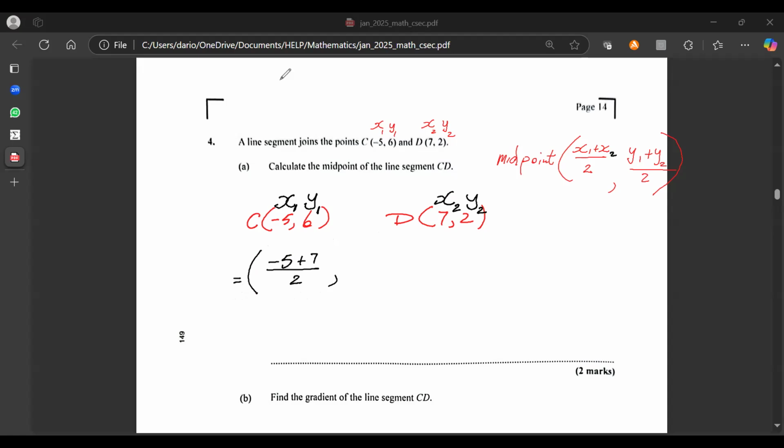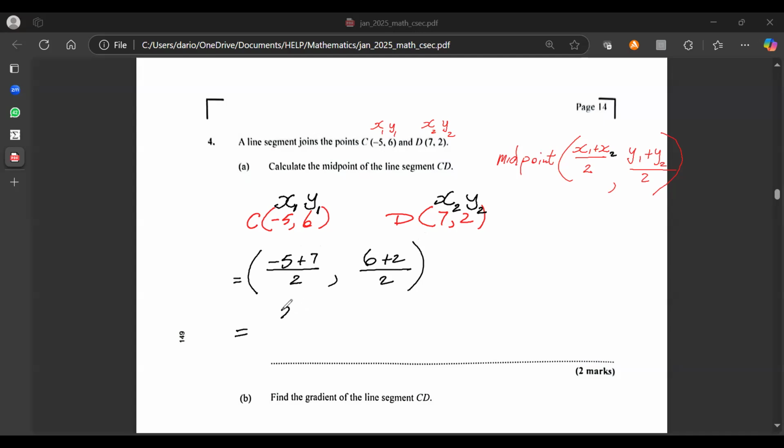All right, so let me use the time to look at Kimora. Kimora, 2 points I need. So this point would be my X value. So my Y value would be Y1, which is 6, plus Y2, which is 8, divided by 2. So my minus 5 plus 7, the signs are different, so I subtract.